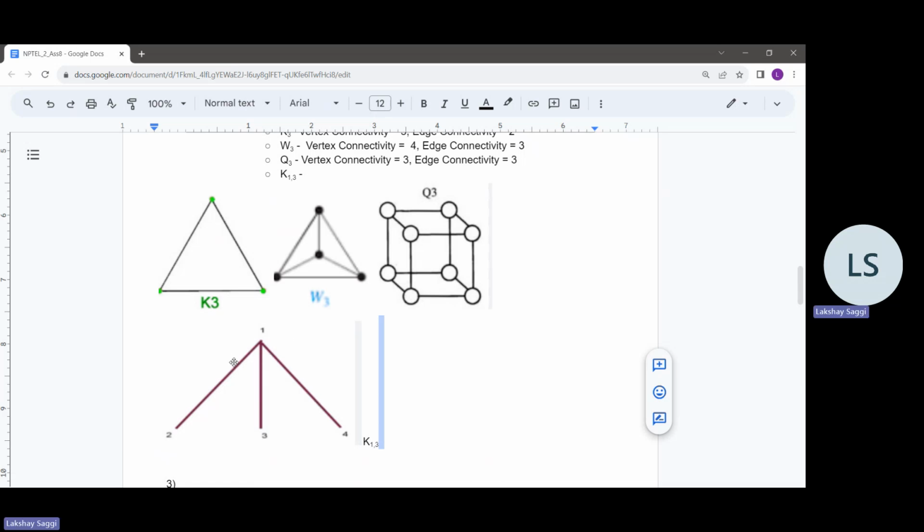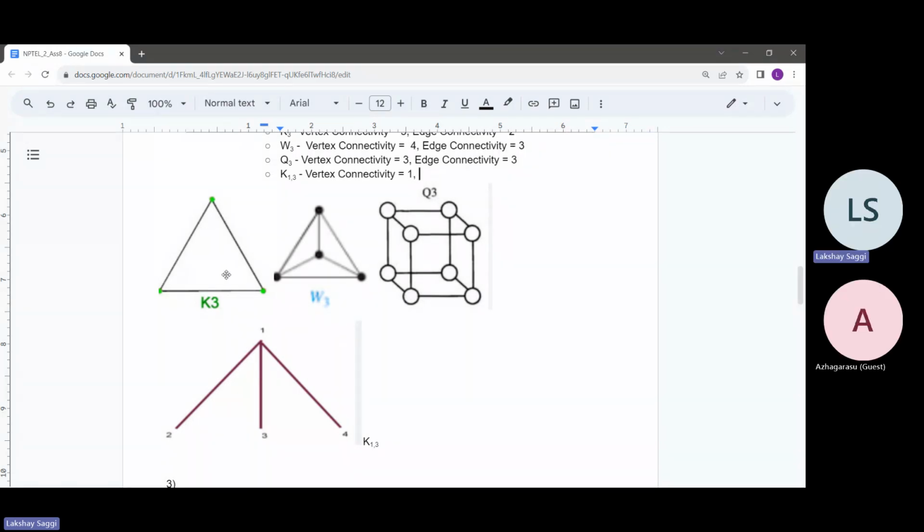As you can see here, in this K13 graph, if we need to find out what's the vertex connectivity, it's easy to see that if I just delete this single vertex 1, then vertices 2, 3, and 4 become disconnected, right? Because now there is no path from 2 to 3, 3 to 4, and 2 to 4. These will become singleton components. So that's why vertex connectivity is 1 here.